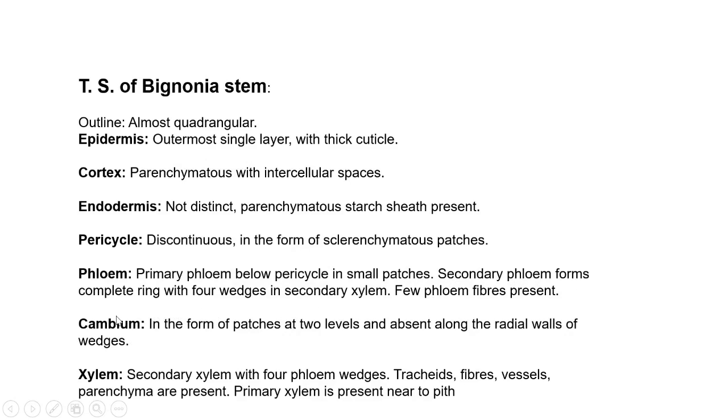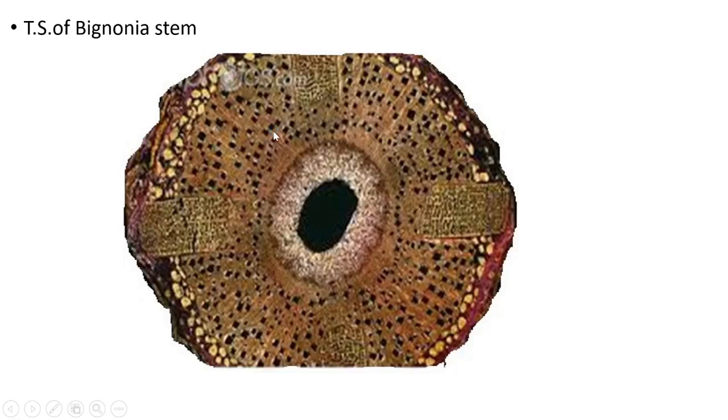Secondary phloem forms a complete ring with 4 wedges in secondary xylem. Few phloem fibers are also present. Cambium is in the form of patches at 2 levels and absent along the radial walls of wedges. And last character is secondary xylem with 4 phloem wedges alternating with 4 xylem patches. Tracheids, fibers, vessels, parenchyma are present. Primary xylem is present near the pith. These are the distinguishing characters if we take a section of Bignonia stem.